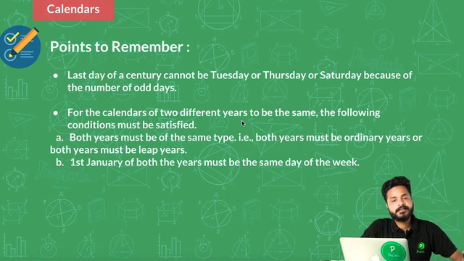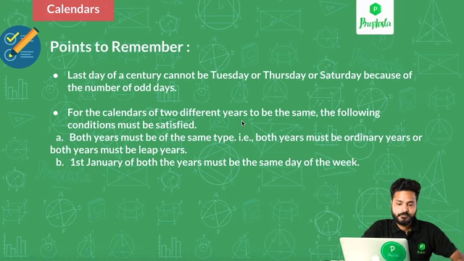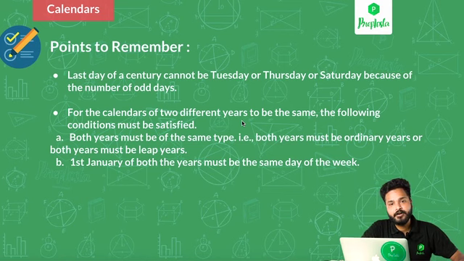So, for the calendars of two different years to be the same, the following conditions must be satisfied. The first condition is both years must be of the same type. What do we mean by that? That means they should be either ordinary years, both of them, or both of them must be leap years. Second thing is the 1st January of both the years must be the same day of the week.